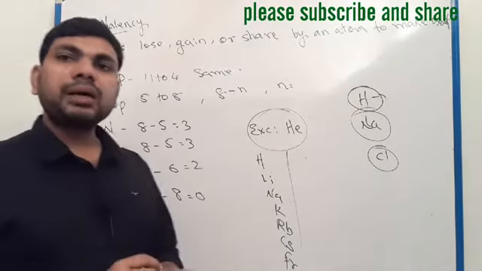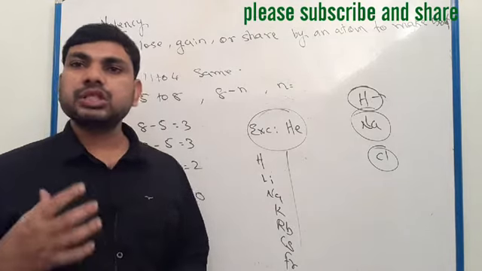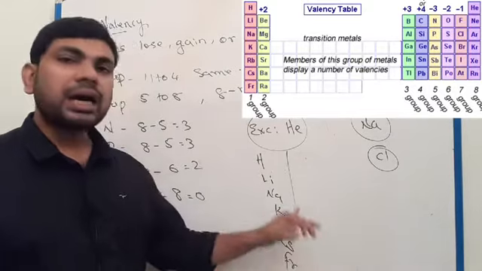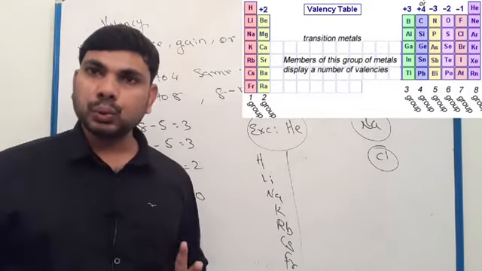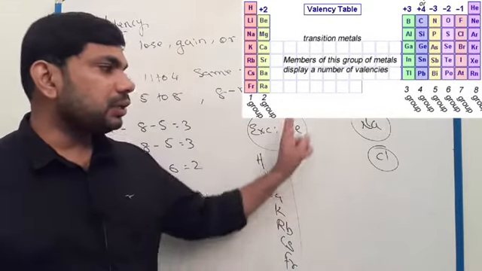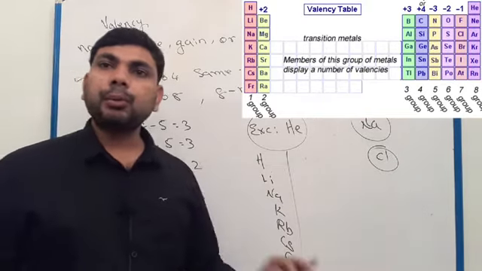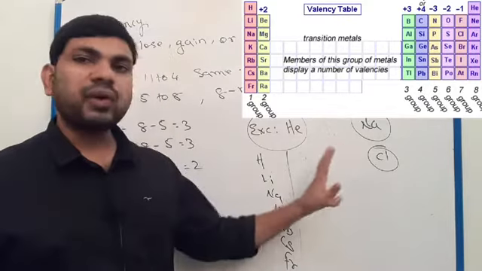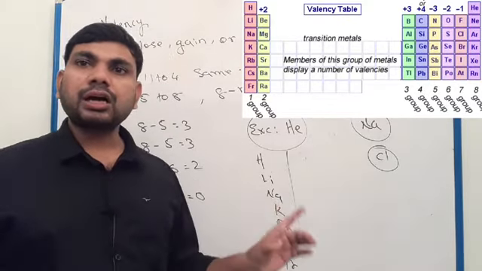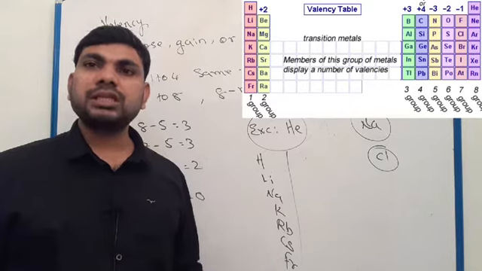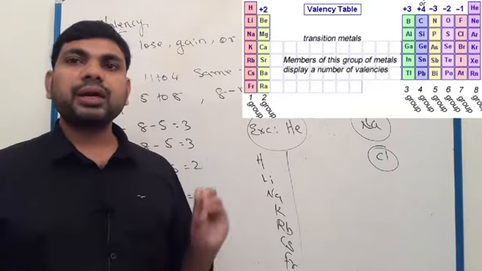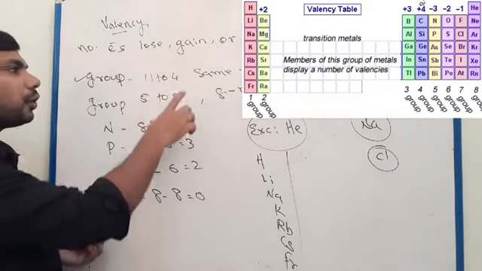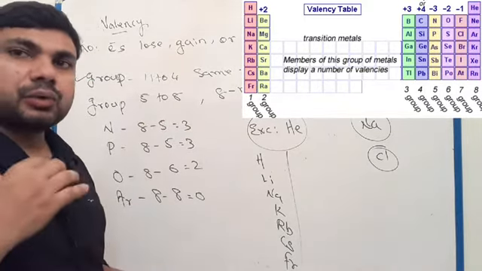And group 2: beryllium, magnesium, calcium, strontium, barium, radium. These are group 2 elements and their valency is 2. Group 3: boron, aluminium, gallium, indium, thallium. Their valency is 3. Carbon, silicon, germanium, tin, lead are group 4, their valency is 4. So group 1 to group 4, their valency is the same as their group number.